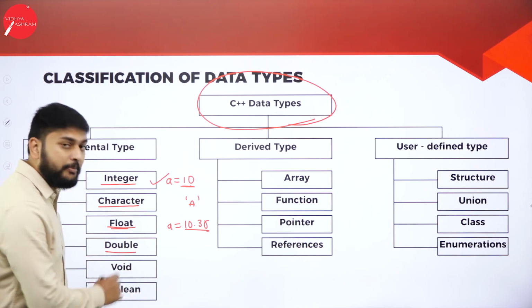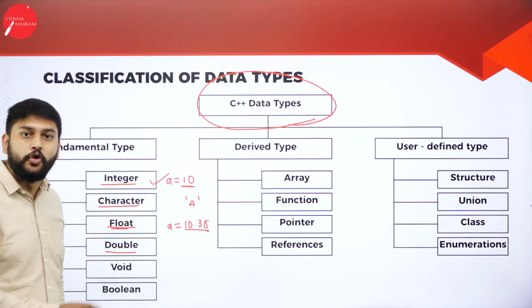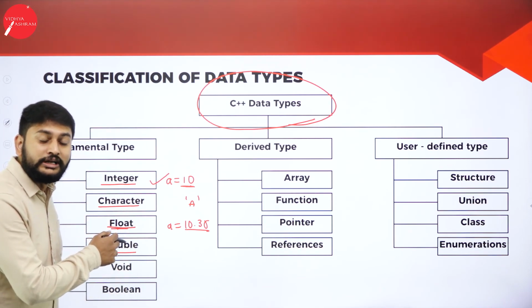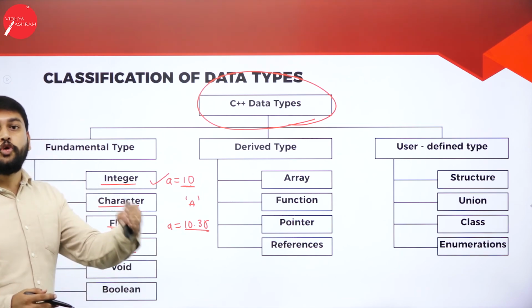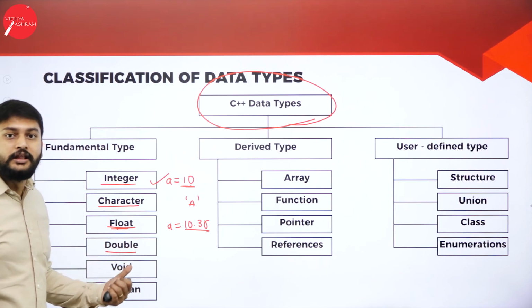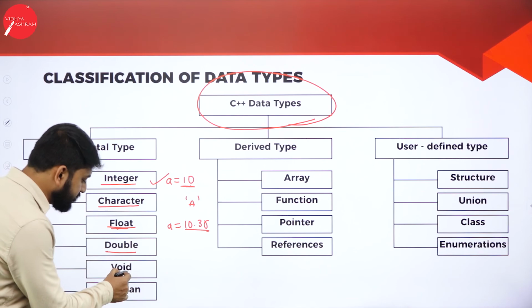And I have double, which is more capable of storing values than float. The capacity of double is more than float. You can store double precision values. What is a double precision value? I'll be discussing that in detail. As of now, you have to remember these data types. That's it.